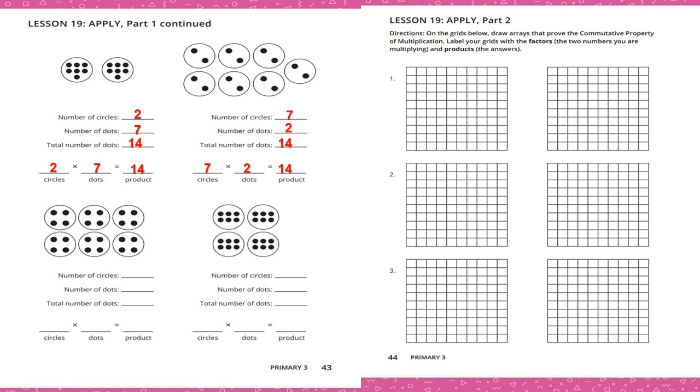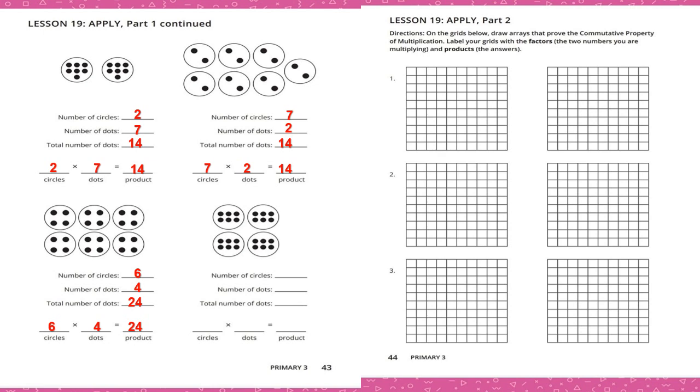Number 2. Number of circles, we have 6 circles and each circle has 4 dots. Then we write 6 circles times 4 dots equals, when we count them we will find the total equals 24. Then the total number of dots equals 24.